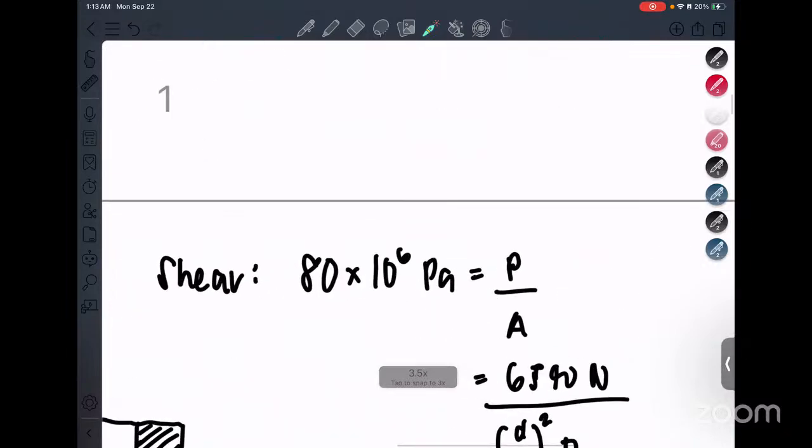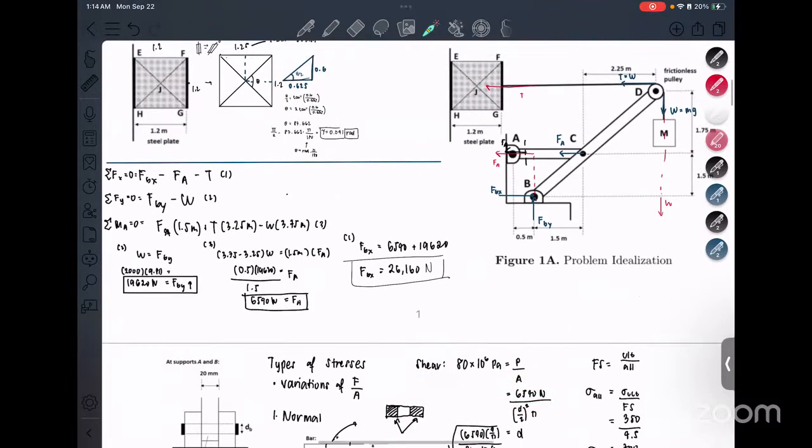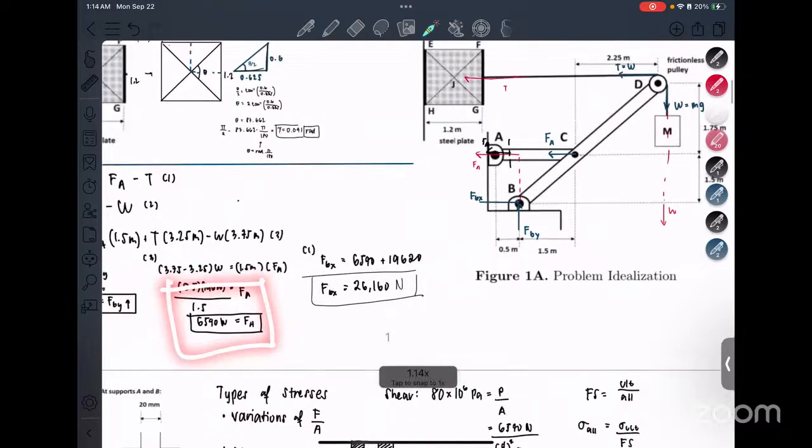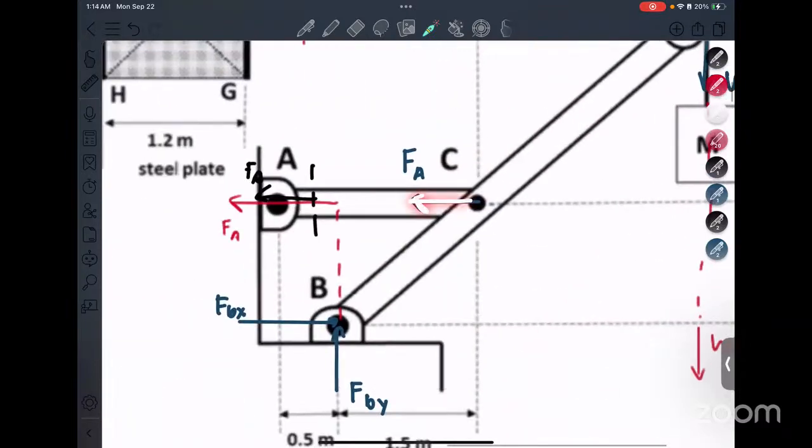So let's solve for the dimensions, given the maximum shear stress. Essentially, stress is just force over area, as we said, so we can start from there. The force is 6,540 newtons. This is derived from here. We said the force about point A is 6,540.